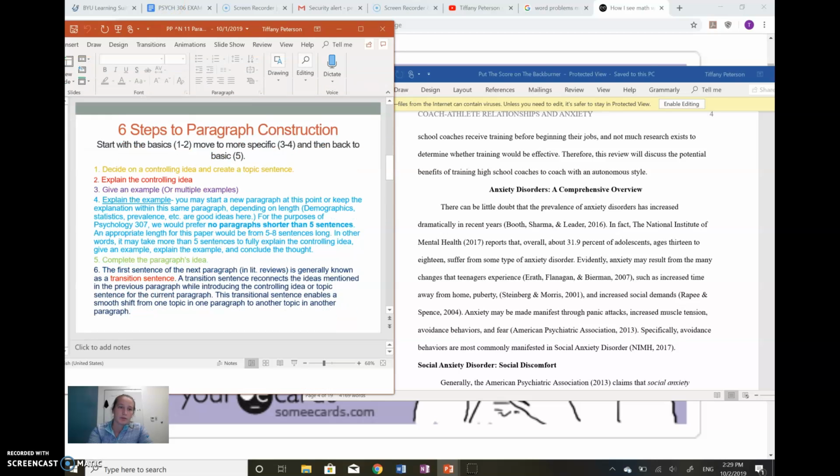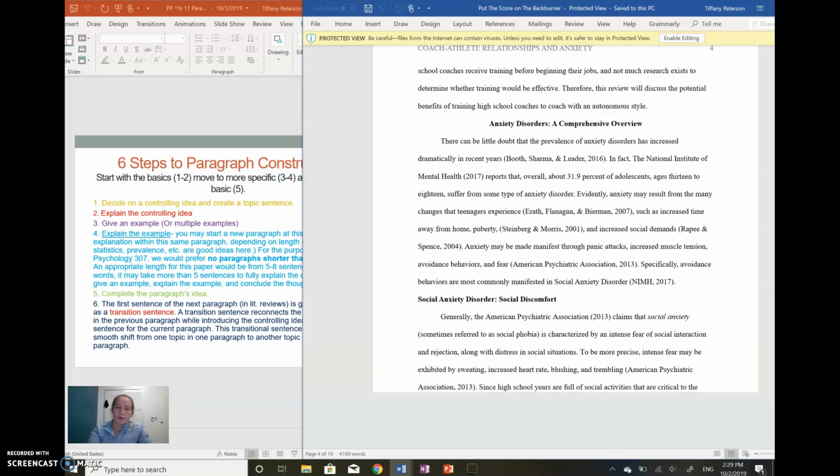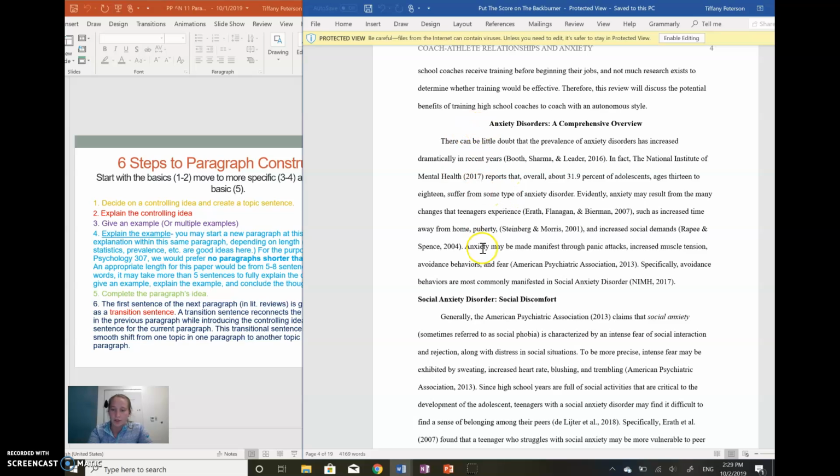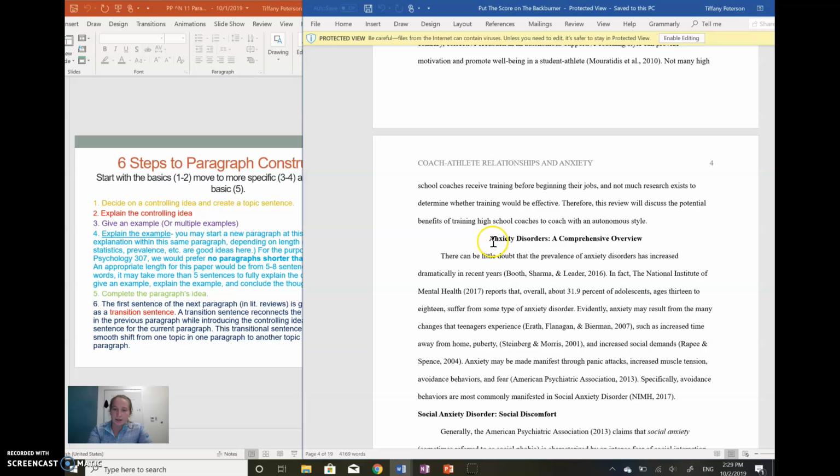I'm going to pull up this paragraph right here. This is my first level heading, Anxiety Disorders: A Comprehensive Overview. The first step is to decide on a topic sentence. This is something where you still want to catch their eye a little bit.